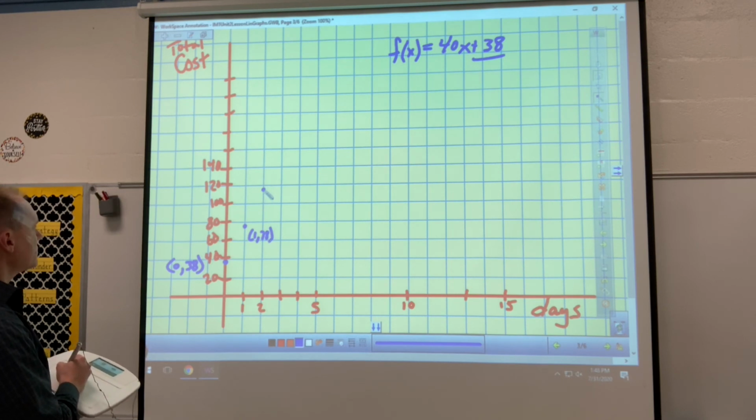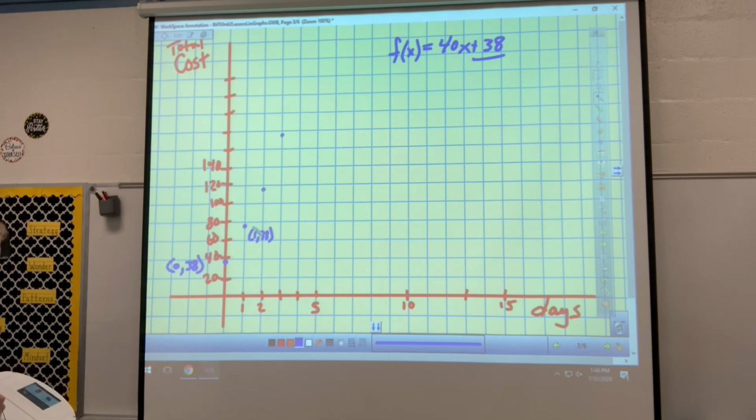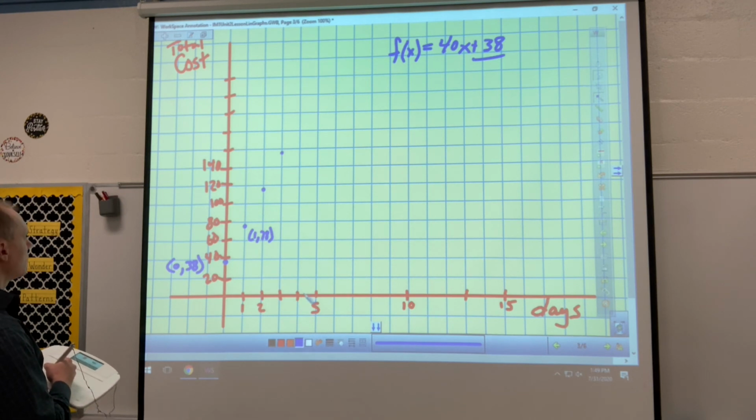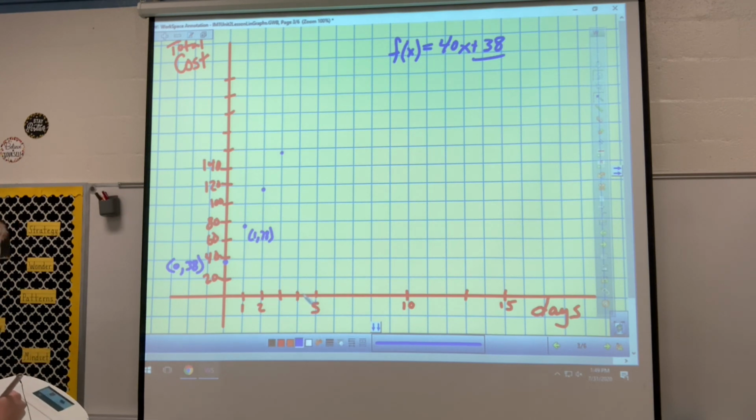And then what's going to happen is it's going to continue to increase by 40 each day. So on day 3, we're going to add 40 to that. That's going to be 158. Right in there. Let's see. Sorry, 148. Okay, so right about there.